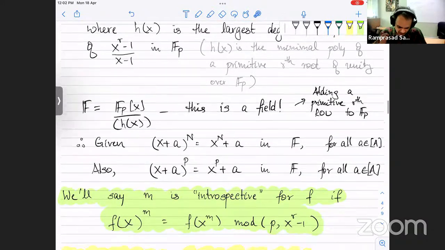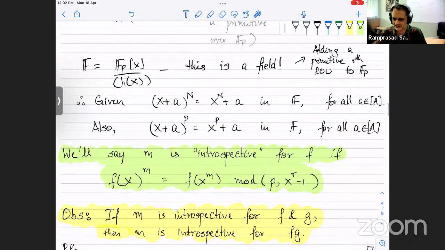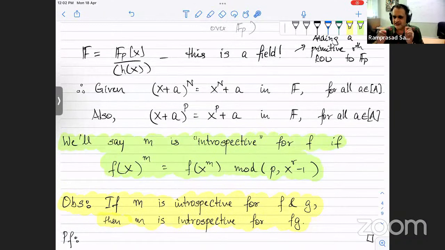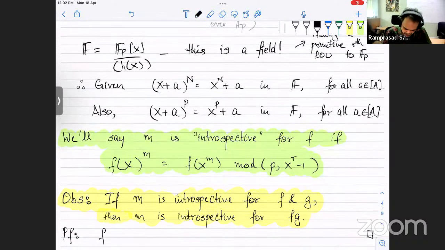Okay. So here are a couple of very simple observations, which is that this introspection satisfies some form of product rule. If I have a number m which is introspective for both f and g, two different polynomials for which this is true, then it's certainly introspective for the product. This is a completely trivial statement, because what do I want to show?